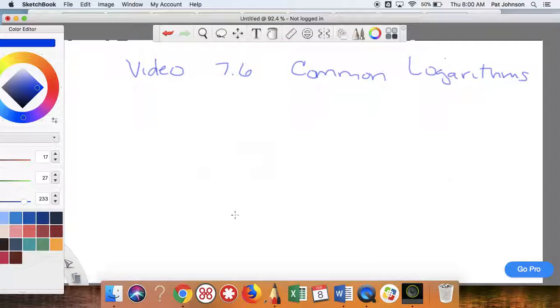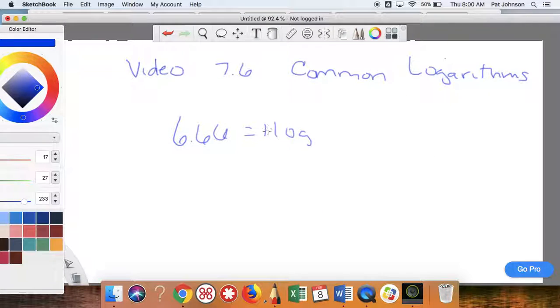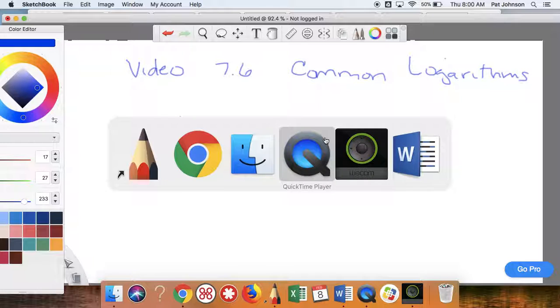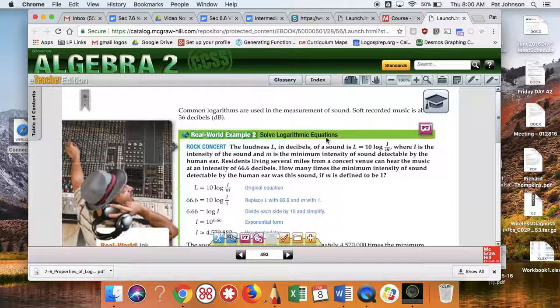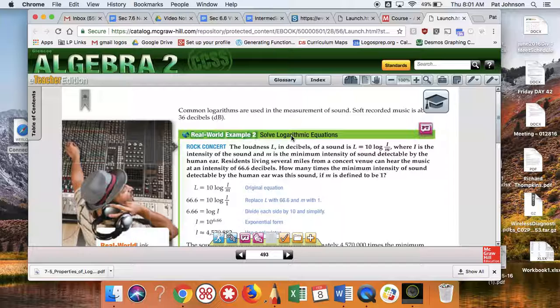So remember, 66.6 equals 10 times log of I over 1, or I. They divide by 10 here, and they get 6.66.